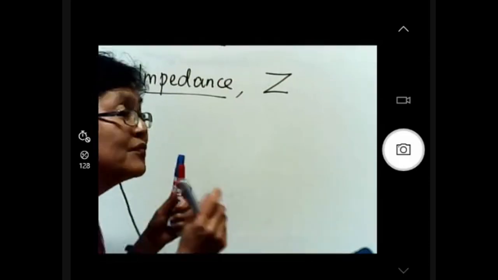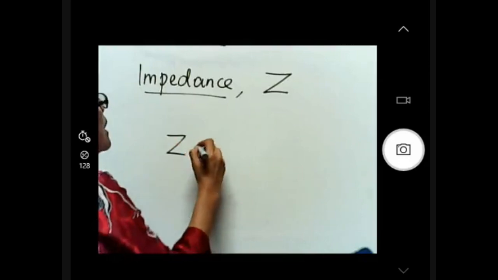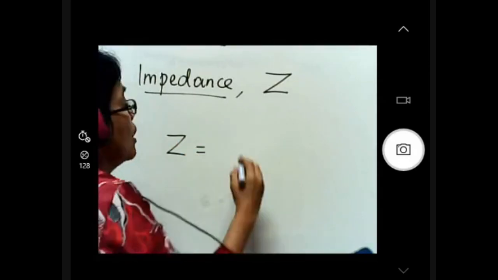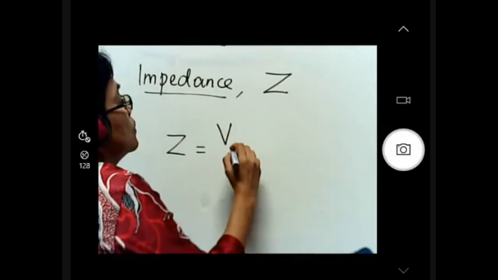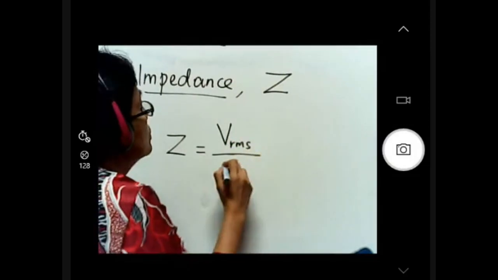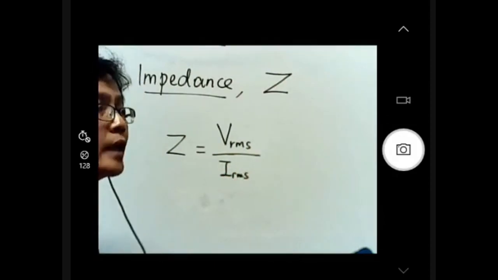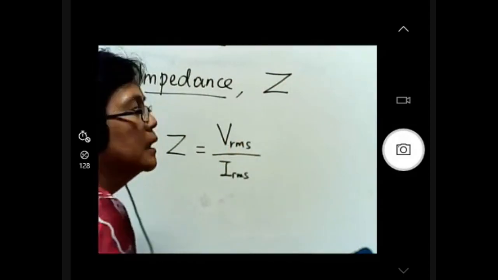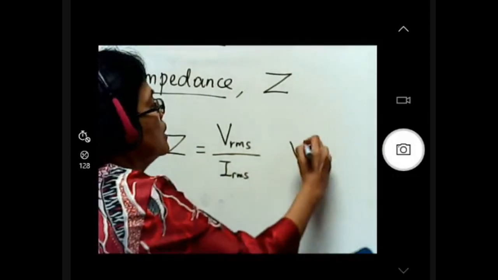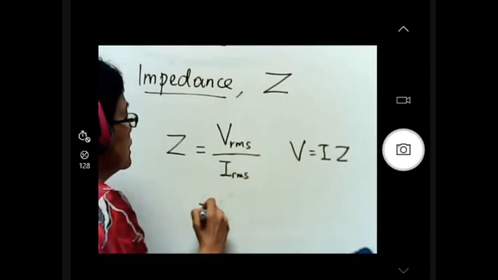But the definition of impedance is defined as ratio of root mean square voltage to root mean square current. This is the definition. Okay, of course, this one comes from Ohm's law. V equals to IZ.